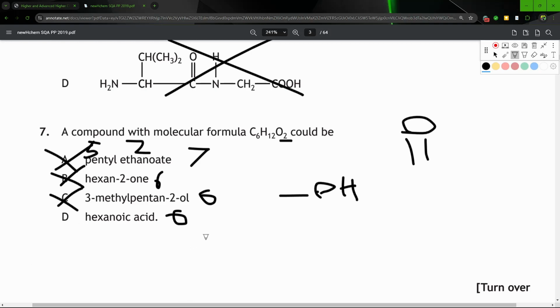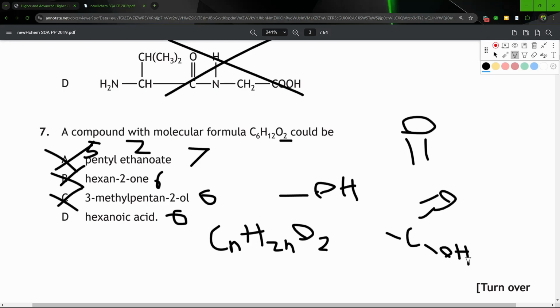And if we pull up the general formula for carboxylic acids, it is CnH2nO2, which directly matches with that. And the reason is that the carboxylic group always contains something along the lines of this, which, yes, you'd always have 2 oxygens. So yeah, it would be D, hexanoic acid.